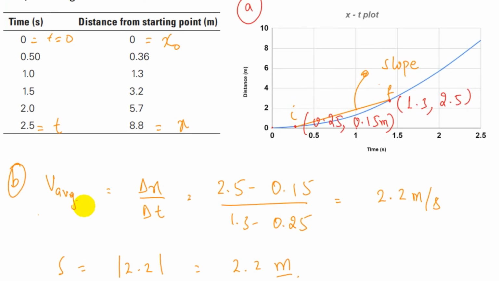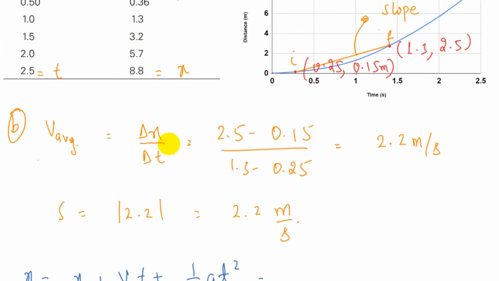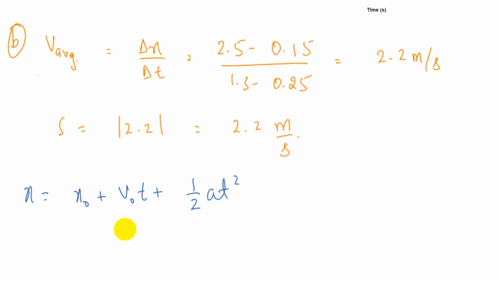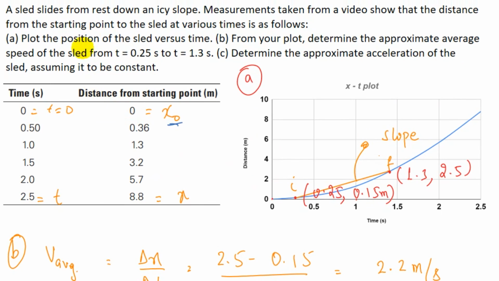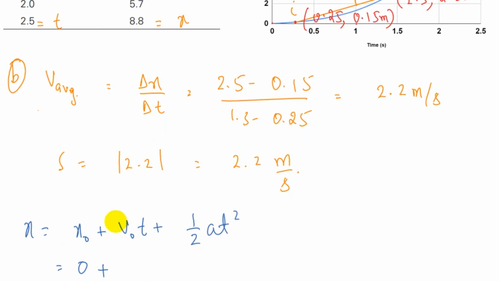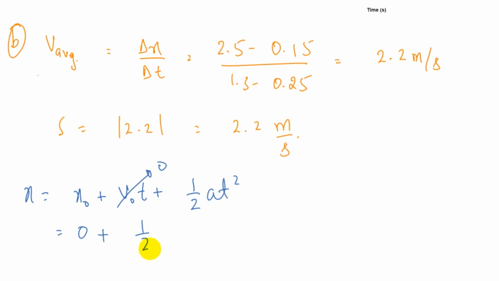Now x naught we have as 0 here, so we can put it here. This x naught is 0 plus v naught. Now v naught is the initial velocity, which is 0 because it starts from rest, so this value would be 0, plus 1 over 2 a t squared, and this is equal to x. So from here the acceleration would be equal to 2x over t squared.